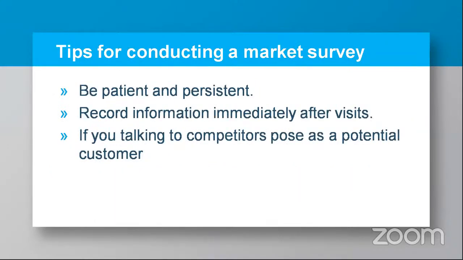So we look at some of the tips when you are conducting a market survey. If you go outside there to conduct a market survey, what aspects are you supposed to look at? Aspect number one, you have to be patient and persistent. It means that you have to be patient with the people. You have to wait.